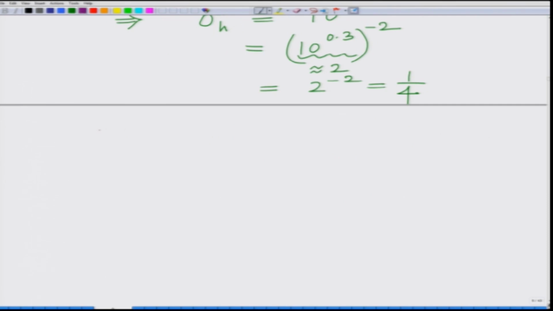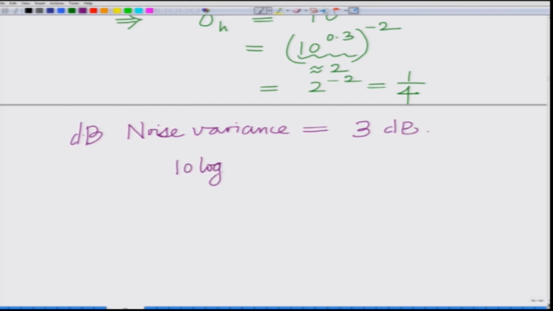Let us assume that the noise variance in dB equals 3 dB. This is straightforward, because 10 log 10 sigma square equals 3 dB, or rather 3. This implies sigma square equals 10 to the power of 0.3, which equals 2, because we know 3 dB corresponds to 2. Okay.